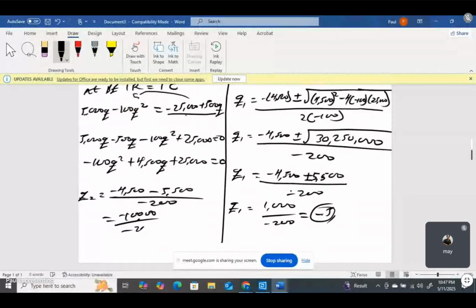So this cancels this. 10,000 divided by 200 gives us 50. So when we produce 50, we will make a loss of 60,000. Please, any question?